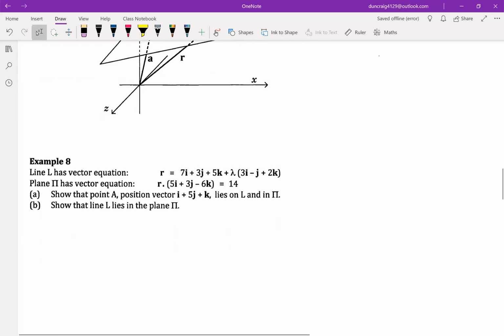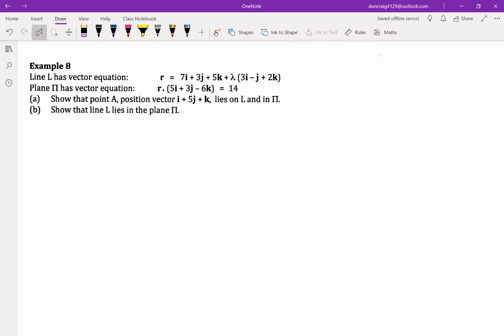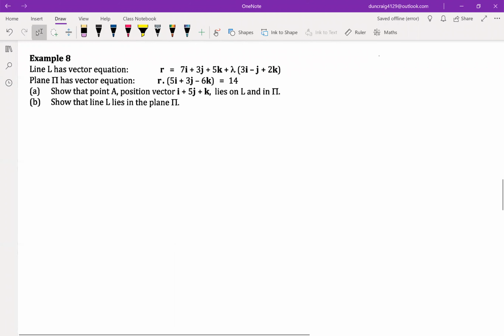Alrighty, so we're going to have a look at some example questions where we can work with planes now. We've got here a line that has a vector equation of that, and a plane that has its vector equation, and we want to show that point A is a position that lies on both the line and the plane. This is some new notation that you'll be familiar with.